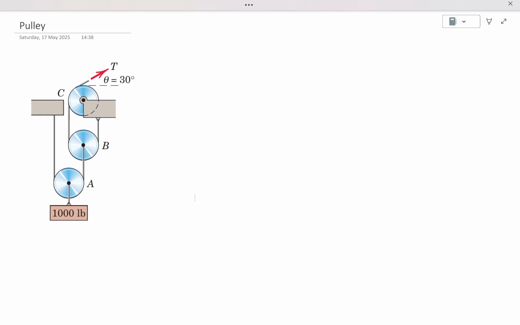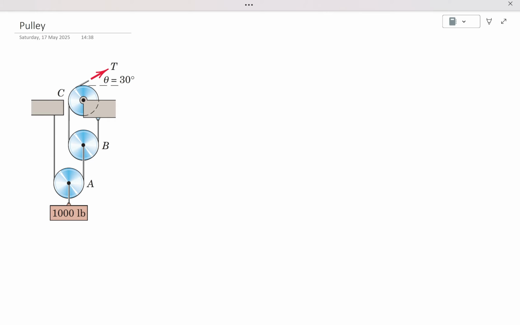For example, in this case, the load is given on pulley A, so you start working on pulley A first, and then go to pulley B, and then go to pulley C, even though the problem asks you to solve for the tension T at pulley C.